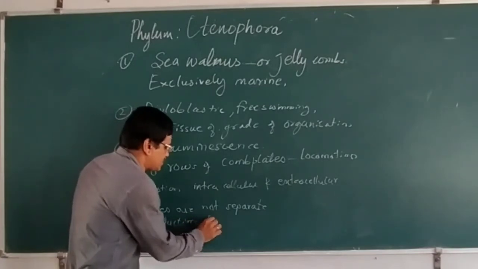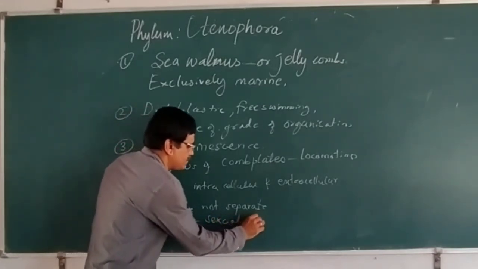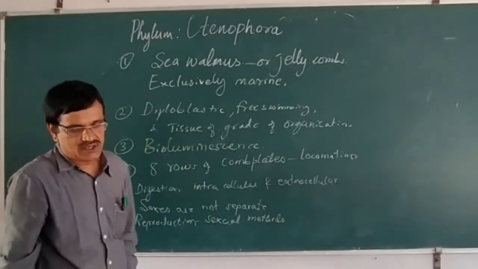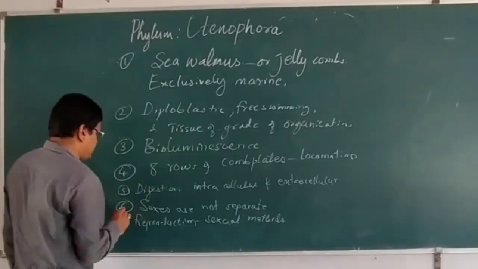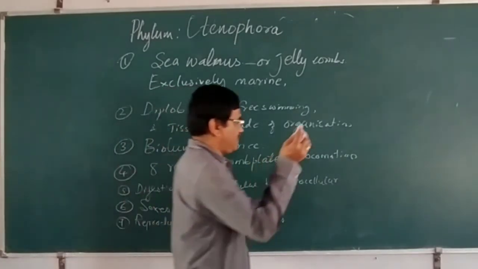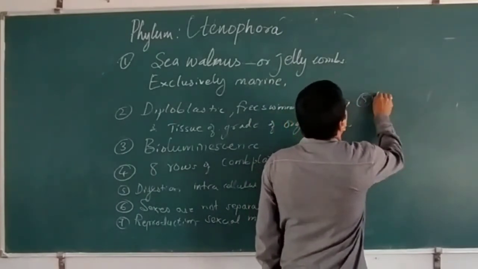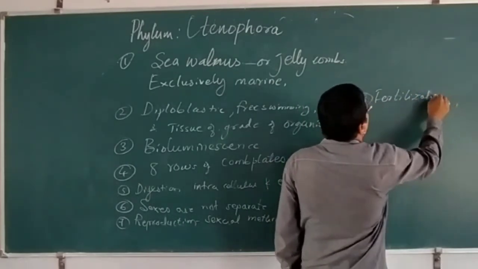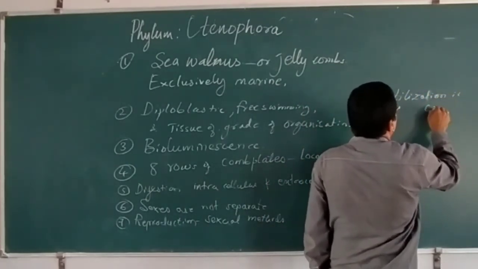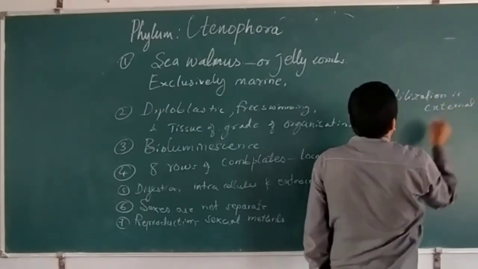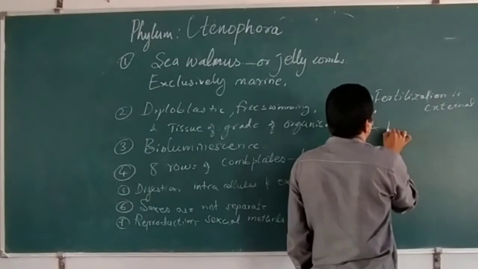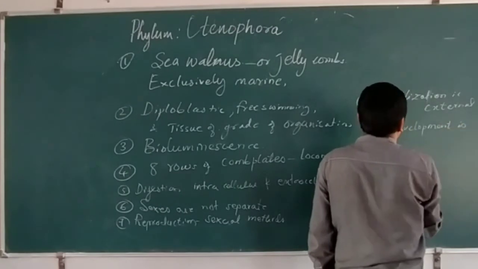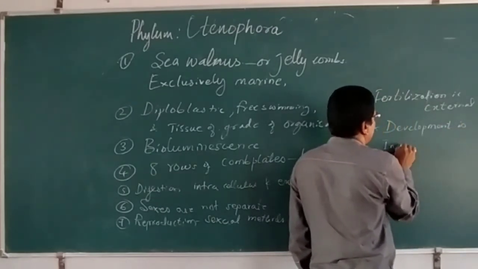Reproduction is by the sexual method. Fertilization is external and development is indirect.